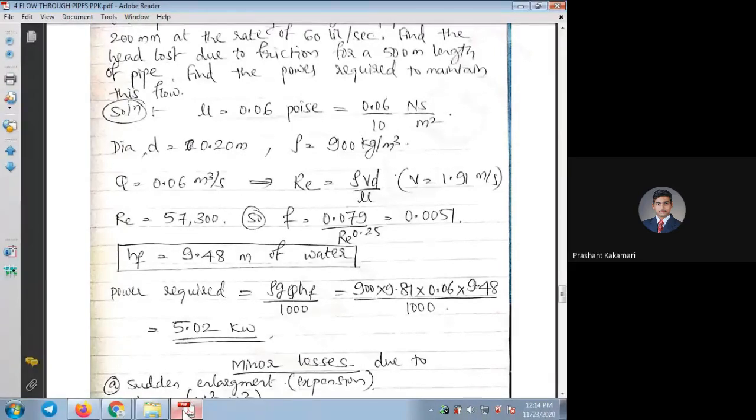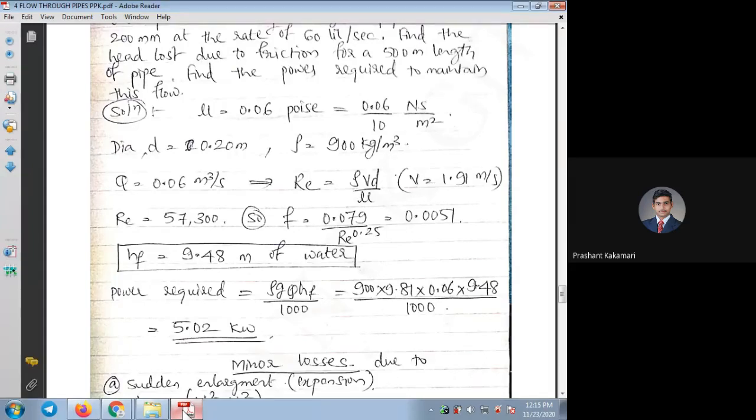So I'm going to multiply now. Density 900, gravitational acceleration 9.81, into discharge in meter cube per second 0.06, into head loss due to friction 9.48. Here divided by 1000 is taken for kilowatt.